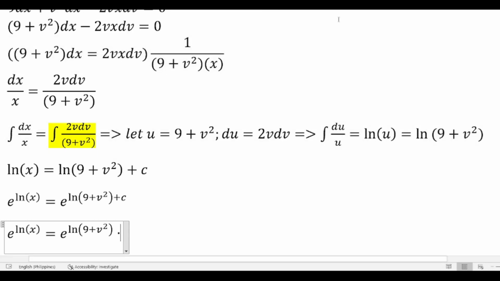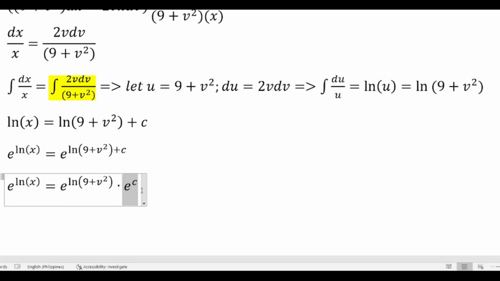Then e raised to c. And this one, e raised to c, can also be denoted simply as c, because any constant that you raise e to will also be a constant. So we can deal with this one as c only.